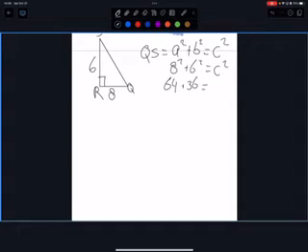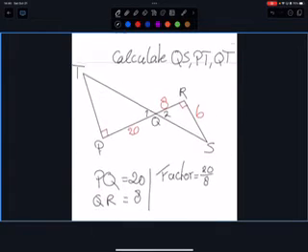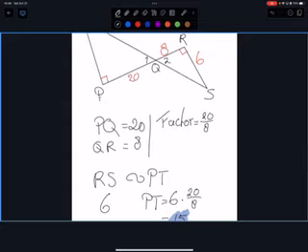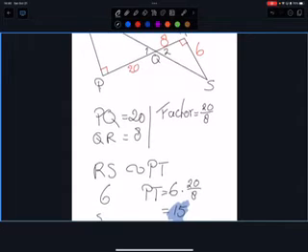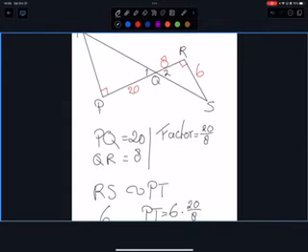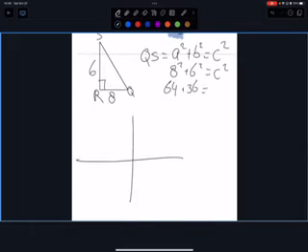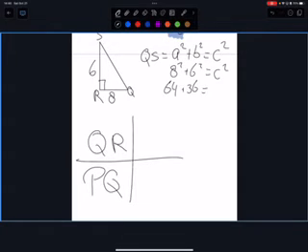Okay, you have a cross. Always easy. PQ, QR. QR, PQ, okay. QR represents PQ.